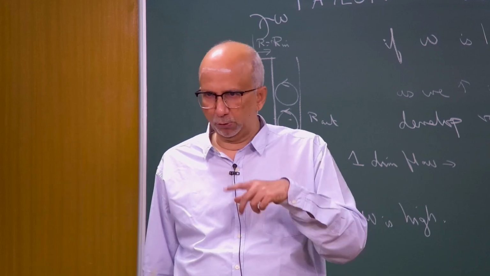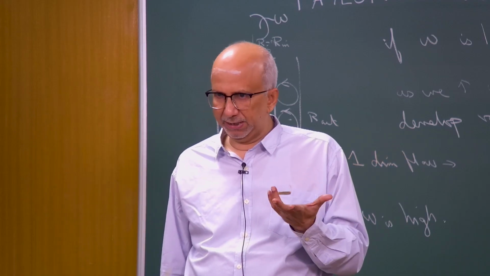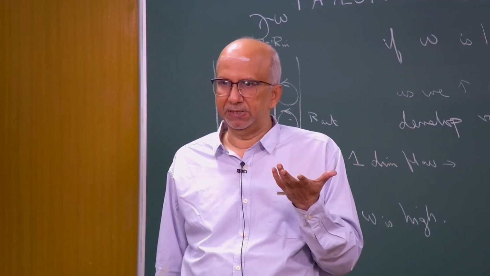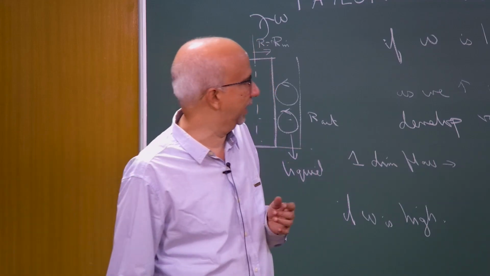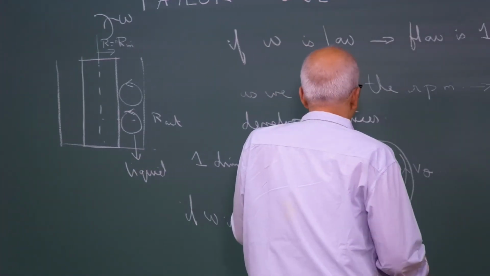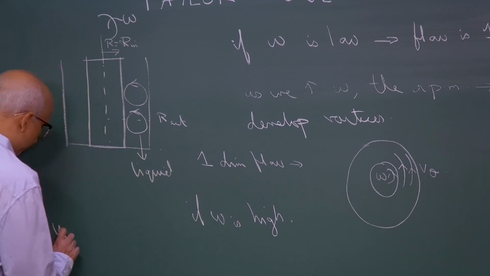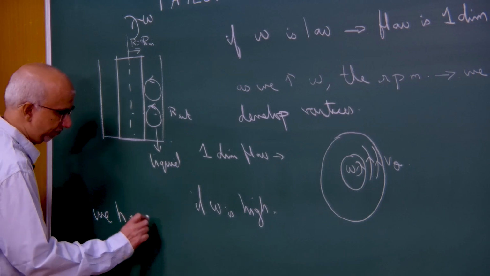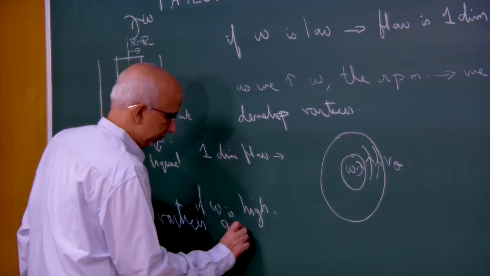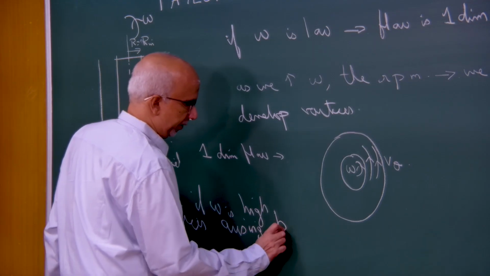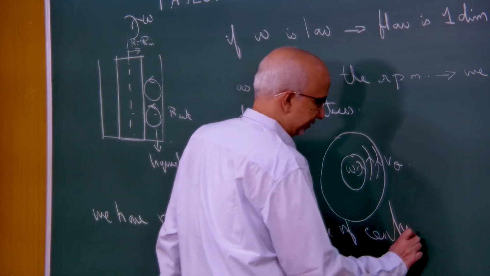You can't just say I am going to increase the RPM, because then the assumptions of one dimensionality on which the principle of the viscometer is based may break down. Okay. So, you need to think about what you are doing. Okay. So, the point is, if omega is high, we have vortices arising because of the centrifugal forces.